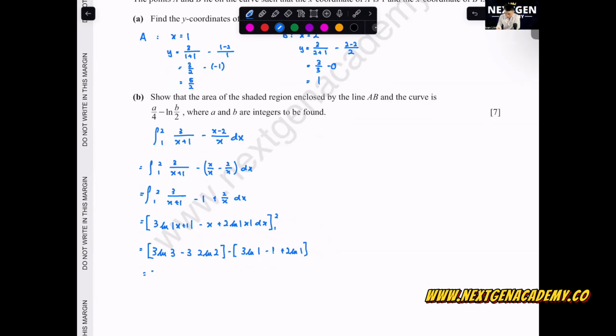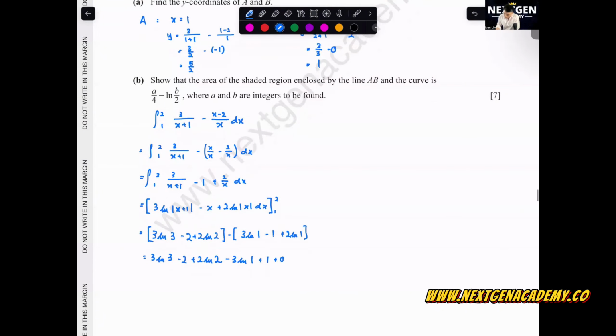Okay, let's write here 3 ln 3. Wait, this is 2 minus 2. We get here minus 2 plus 2 ln 2 minus 3 ln 1 plus 1, and this one plus 0. How can we simplify this?